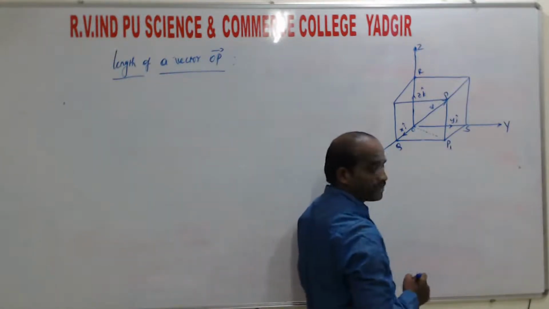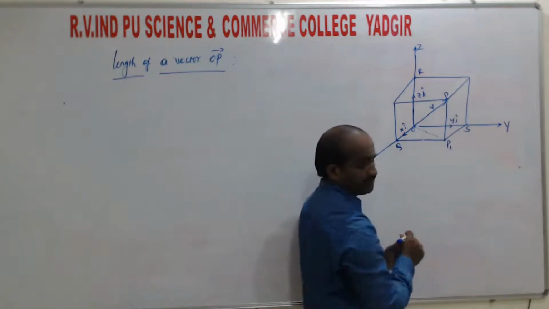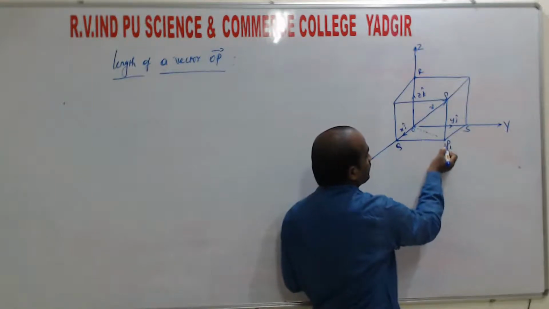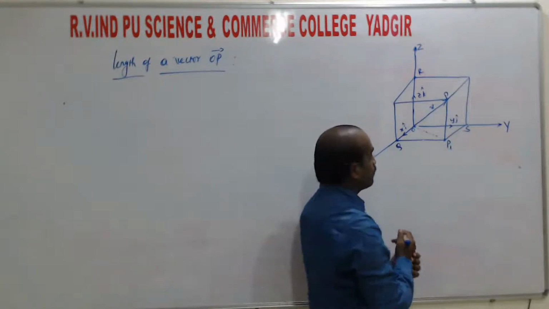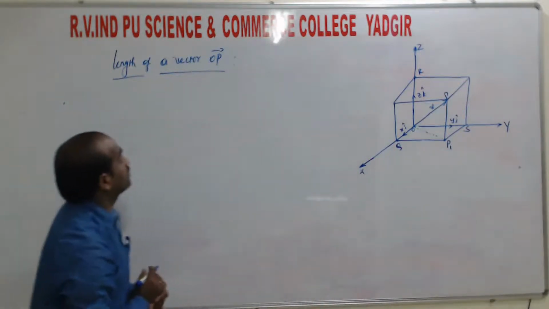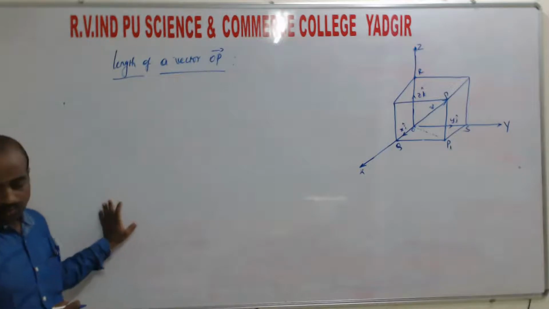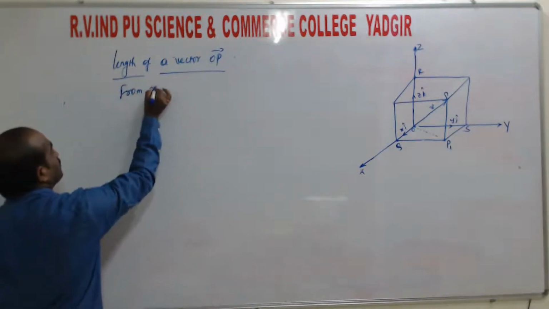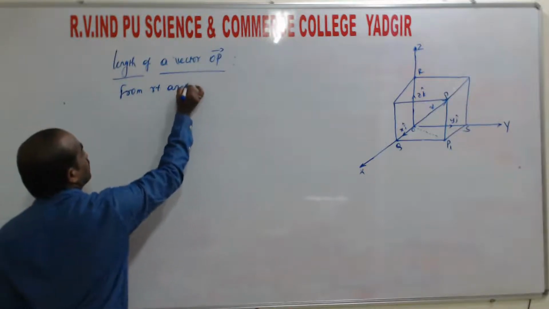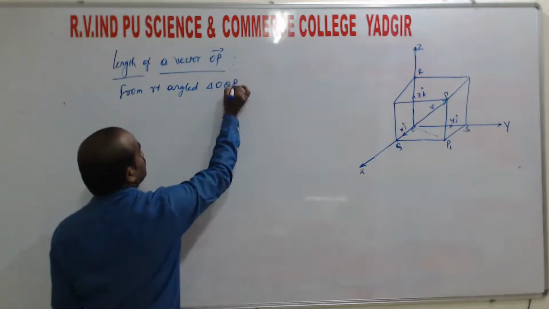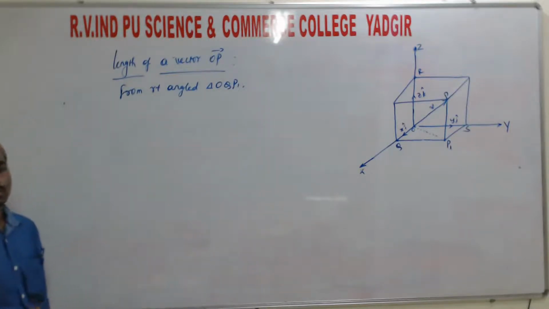Now OP squared is equal to OP1 squared plus P1P squared. We first want OP1, which I don't know, so we find it from the right angled triangle OQP1.